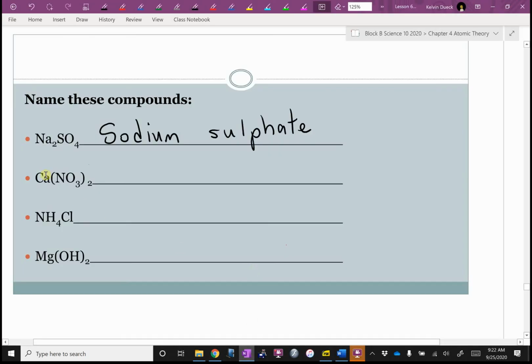Ca. Calcium. NO3. Nitrate. Okay. What's NH4?